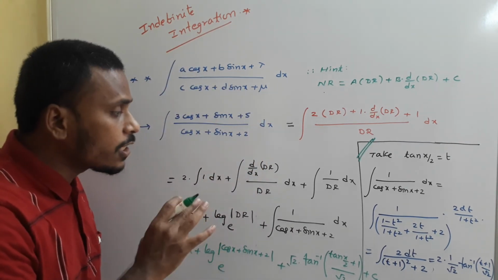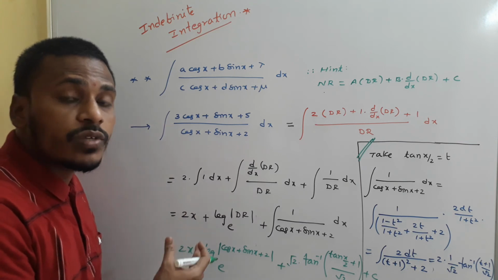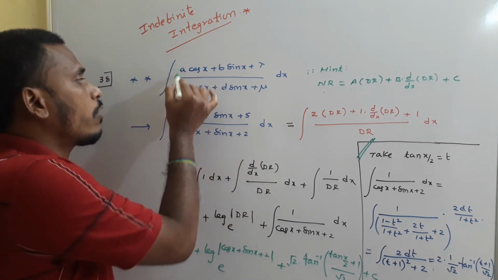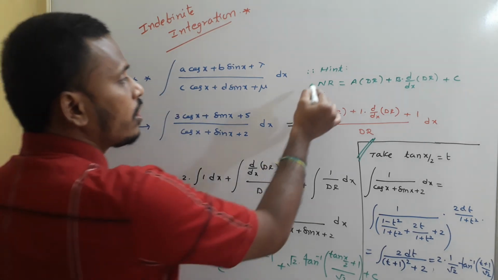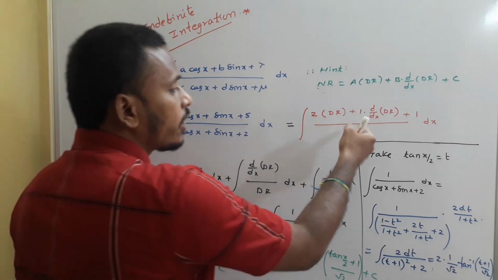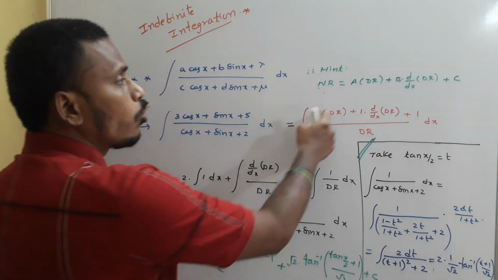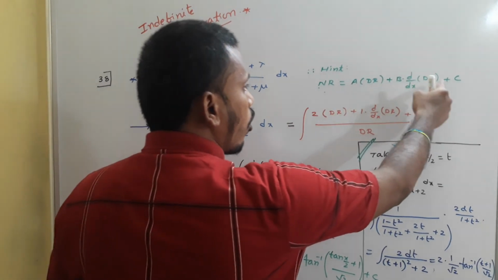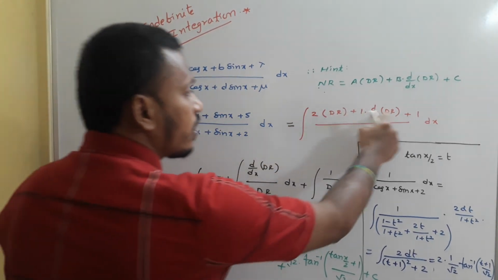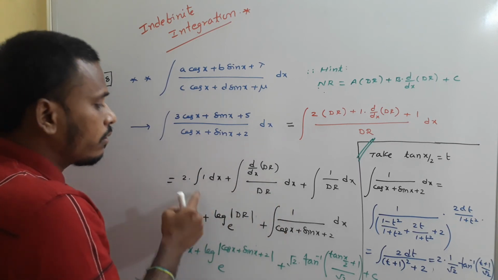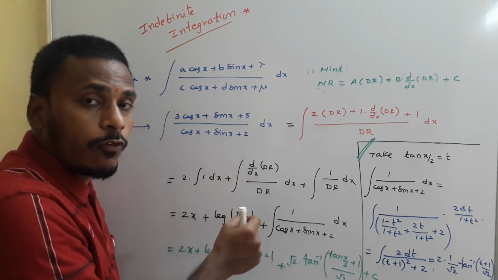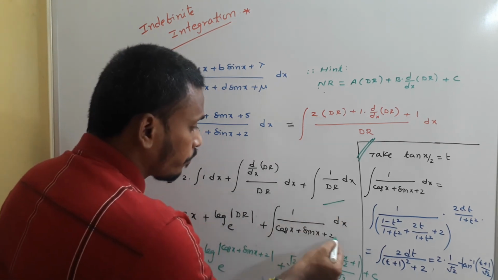So finally this problem involves many tricks. First step, if the problem is of this type, move with this hint by writing the numerator as a into the denominator plus b into the derivative of the denominator plus c. After finding a, b, c, express the numerator like this and then split. Then it is easy to answer the first two terms. Then we need to think about the way of finding the integral for this third term.